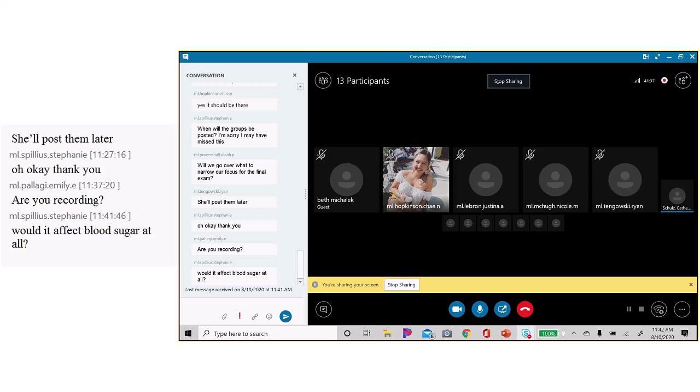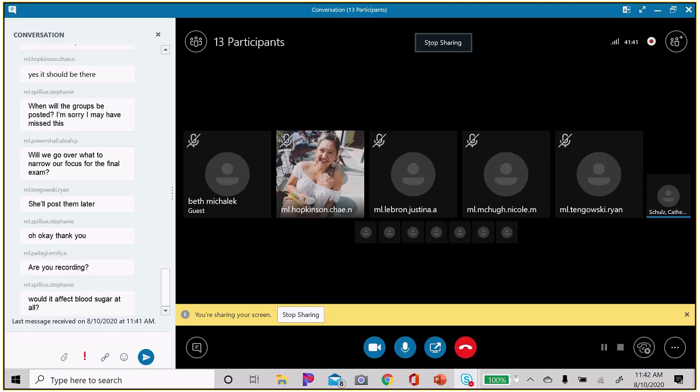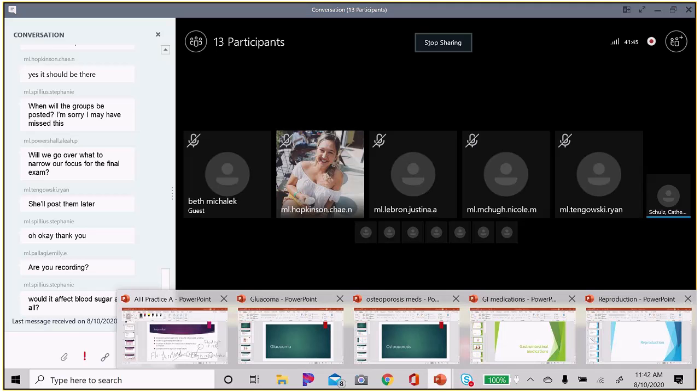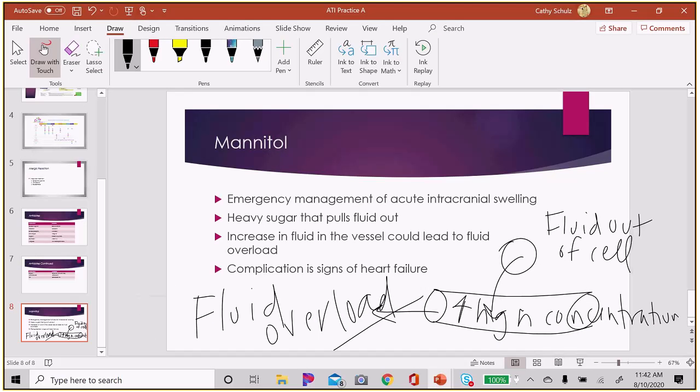But you can very rapidly decrease intracranial swelling, so you just deal with the fallout later because you don't want the patient to die. So just so you understand what that is. You can also give mannitol for acute glaucoma because that's acute swelling behind the eye, but it's more likely going to be given for acute intracranial swelling.